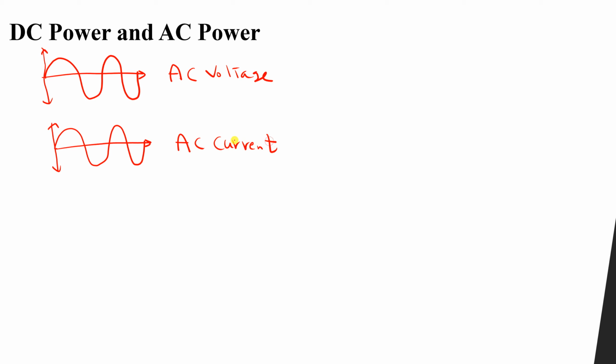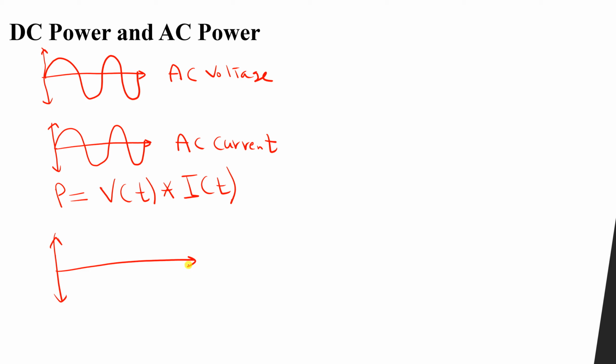Now, what is the definition of power? The instantaneous power is equal to the voltage as a function of time multiplied by the current as a function of time. So let's multiply these two waveforms together to get the instantaneous power as a function of time.